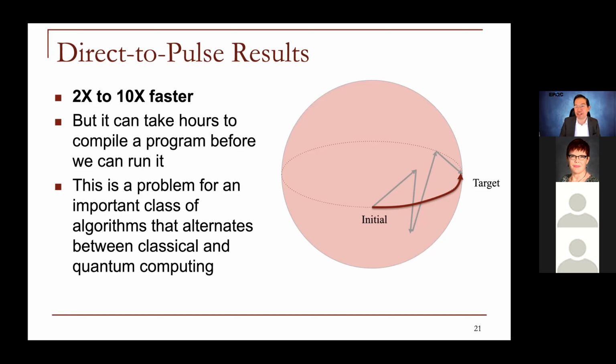Now, one of the problems that we discovered was it can take hours to compile a program before we can run it. And this is particularly a problem for iterative algorithms, and in particular hybrid algorithms such as variational algorithms, which would require you to recompile thousands or even millions of times.